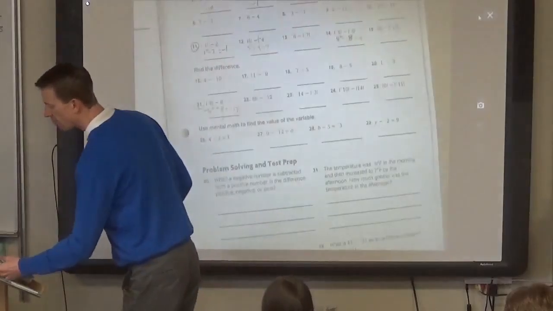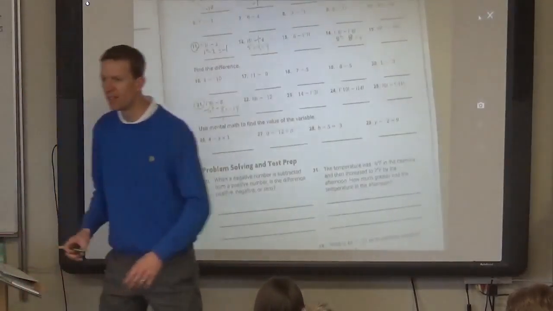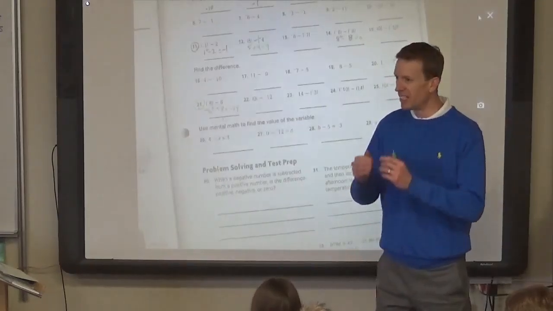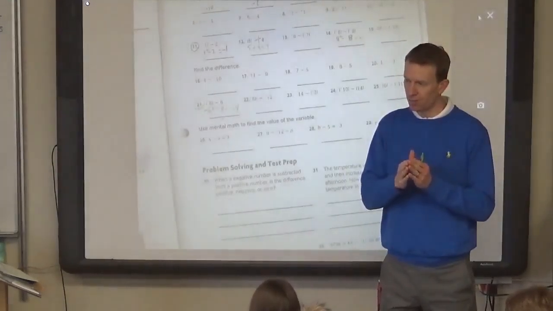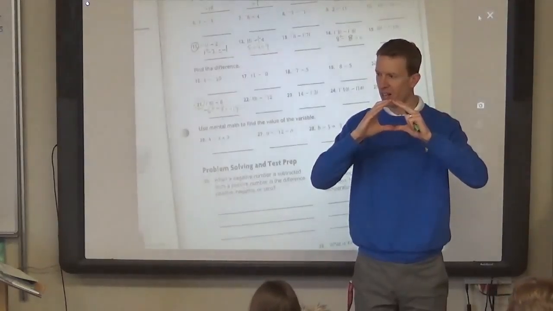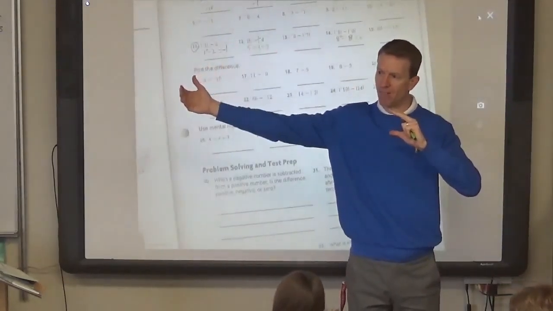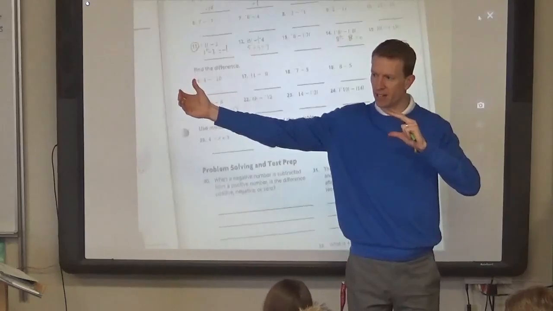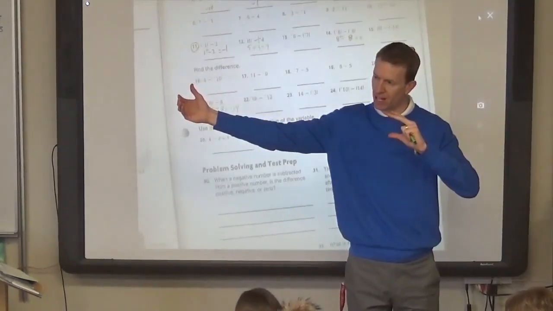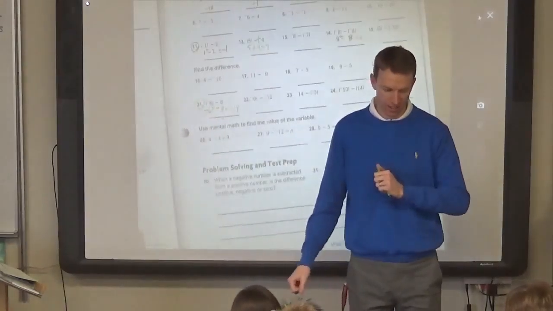So what is absolute value again? That's the distance something is from 0. Okay? So if 0 is right here, and negative 5 is here, how far away is negative 5? 5 spaces. That's the absolute value. Okay?